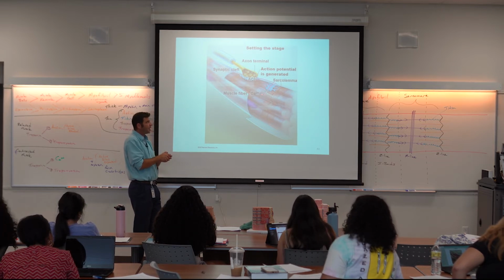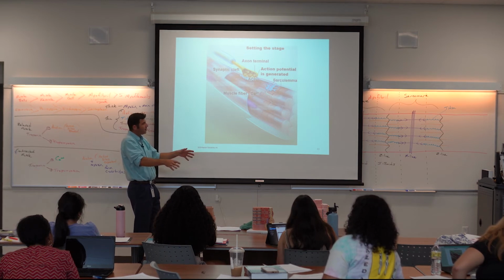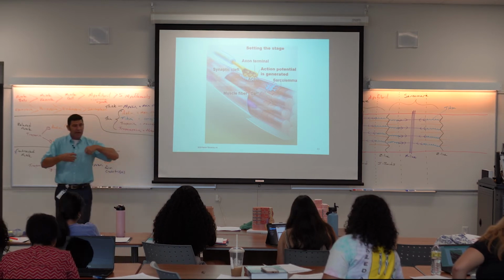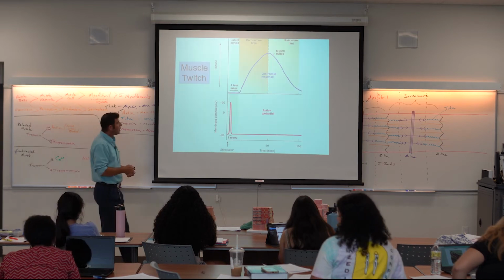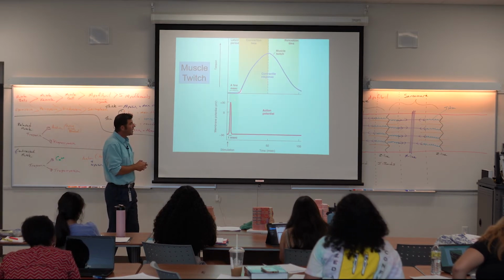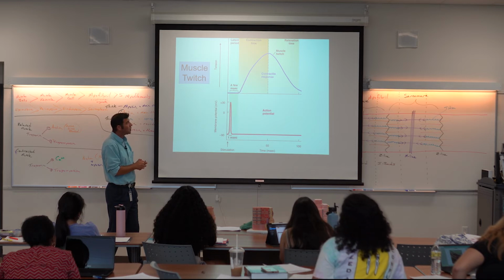Then a few milliseconds for that calcium ion to diffuse into the sarcoplasm, and then get the active site exposed before you can finally get contraction to occur. To go back to this slide, this increasing strength of contraction corresponds with increasing numbers of calcium ions in the sarcoplasm.